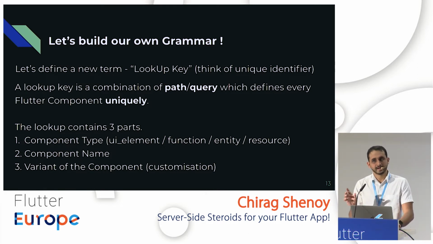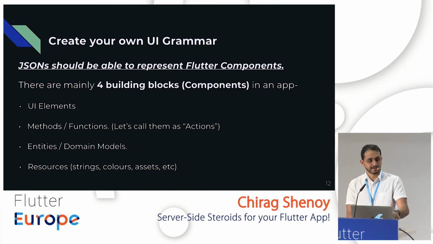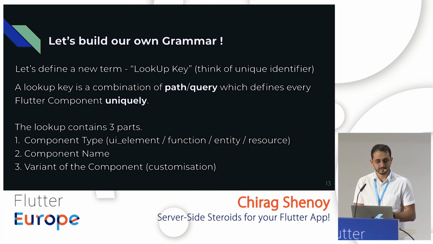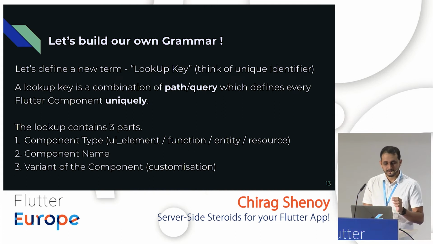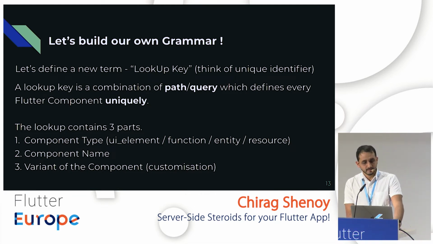This unique ID is a combination of a path and query which defines every Flutter component uniquely. In the previous slide, I showed you there were things like UI elements, methods, entities, and resources. Is there a way where we can identify each of these uniquely using a sort of path or query? That's what we're going to do.